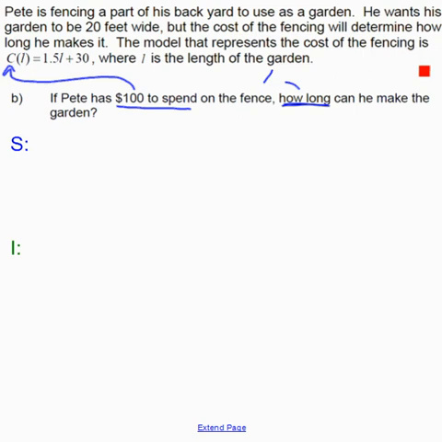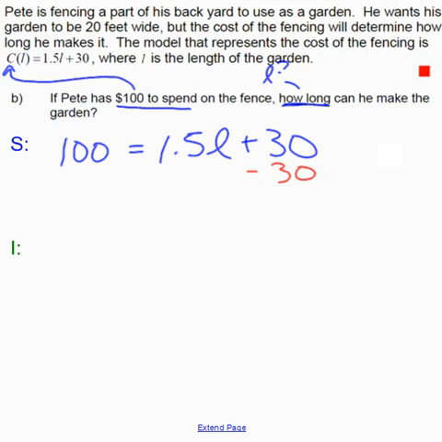So that's L. That means we don't know what L is. So then, to solve my equation, I'm going to plug things in the right spots. 100 equals 1.5 L plus 30. Because remember, I have the cost, I'm looking for the length. Now I just solve that equation like I would any equation.